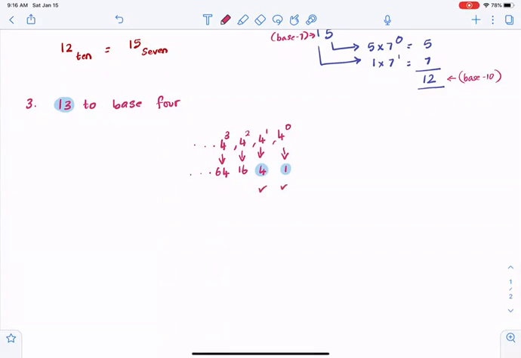So we are going to split it up. We know the first position is going to have a 4, or the second position from the right. The next one is 1.